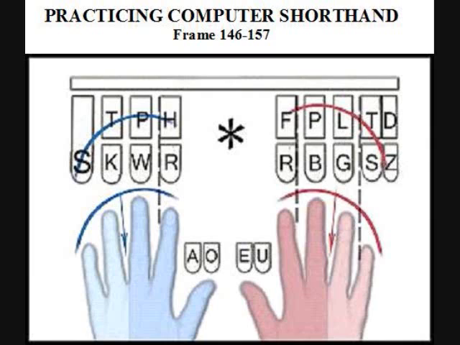So with frame 146, final RL, here are the words: furl, girl, pearl, swirl, twirl.